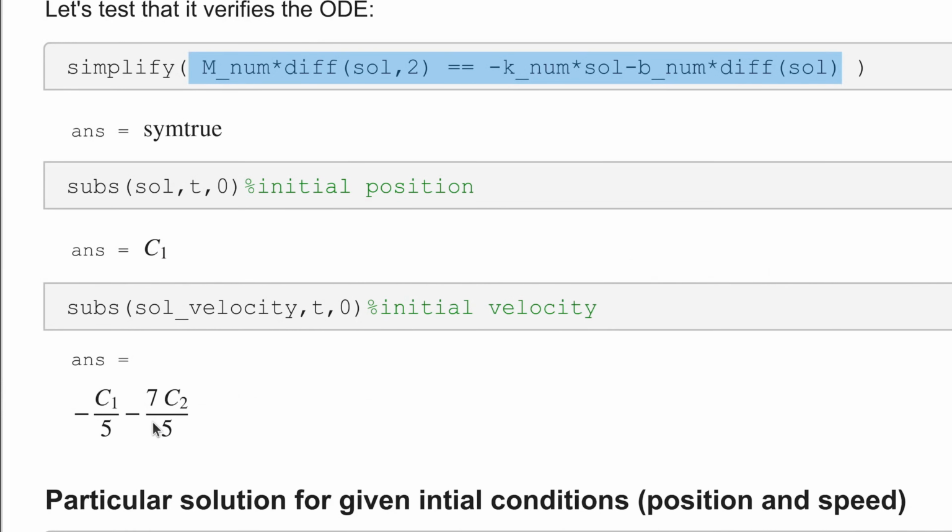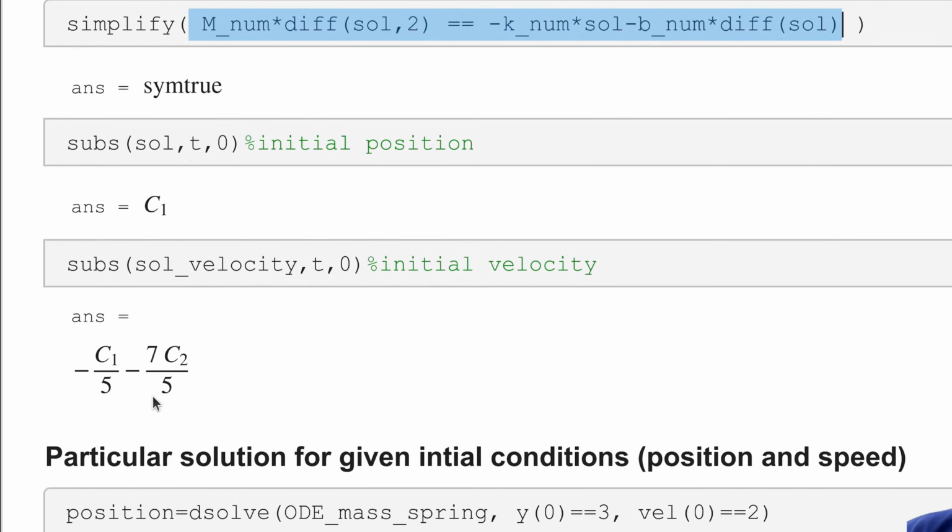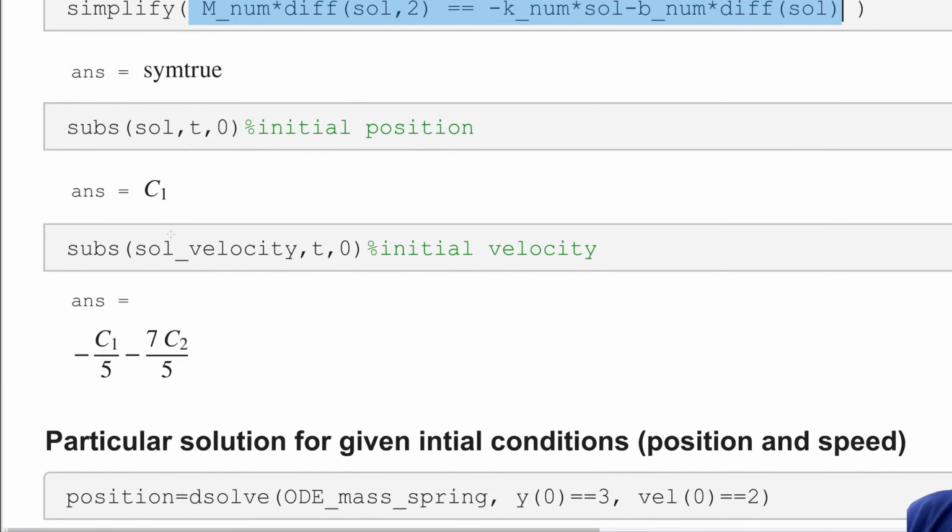So, as usual, in ODE solving, if, for instance, I want to simulate the spring when initial position is 3 and initial speed is 2, I can compute C1 and C2 by solving this system of two linear equations. But actually, I do not need to explicitly do that because symbolic toolbox can indeed do it.